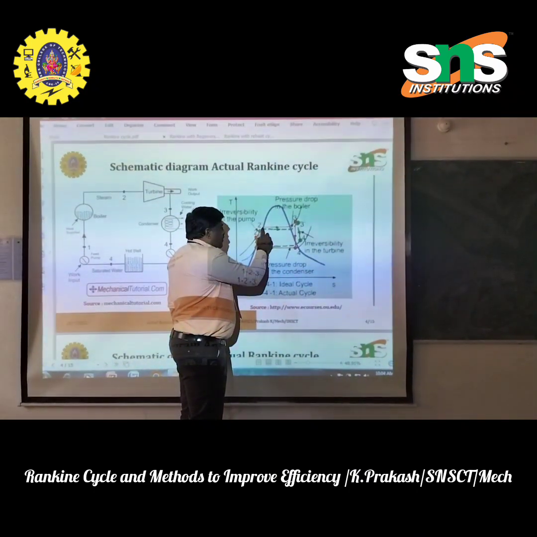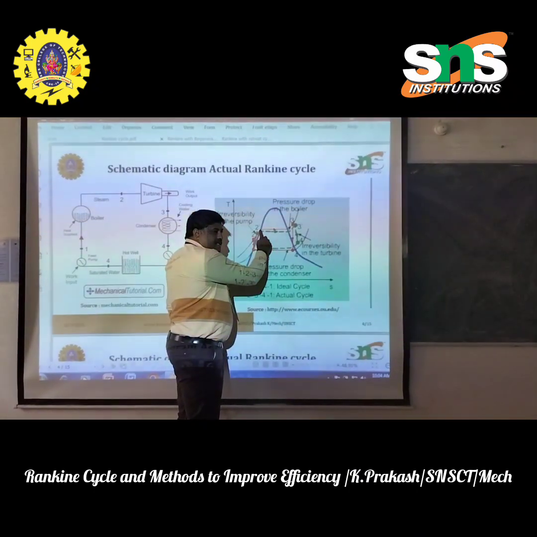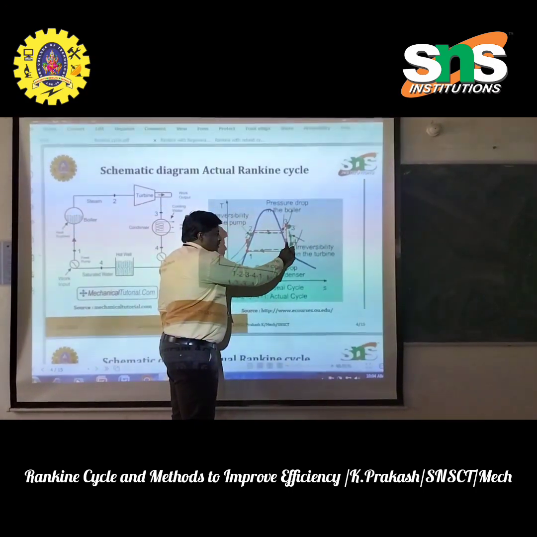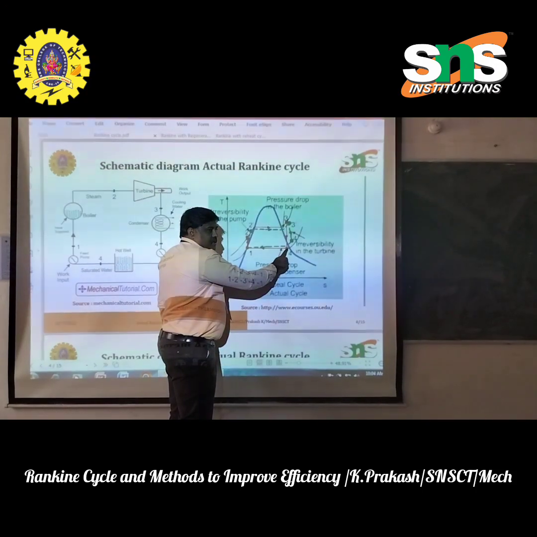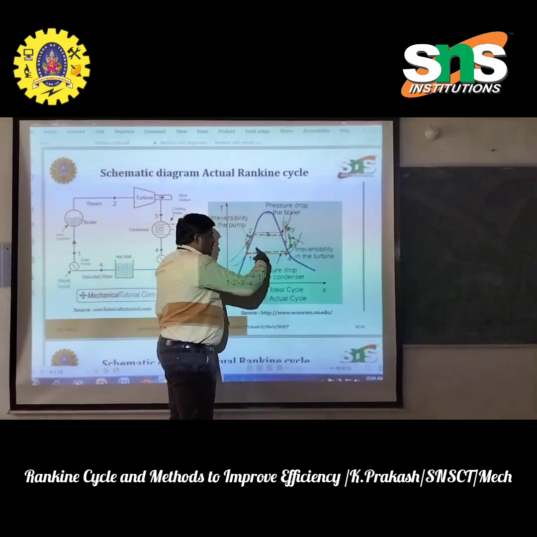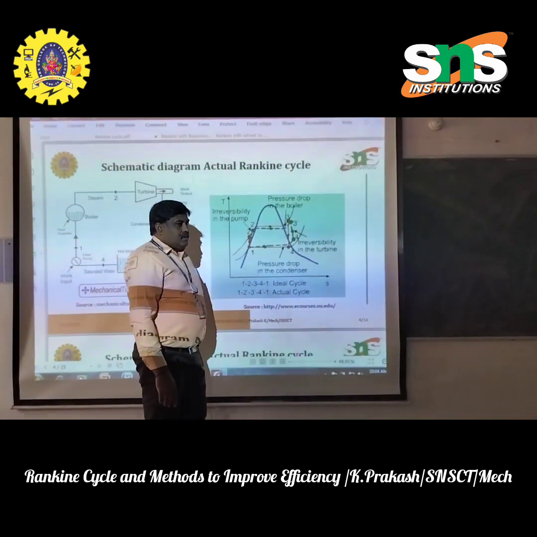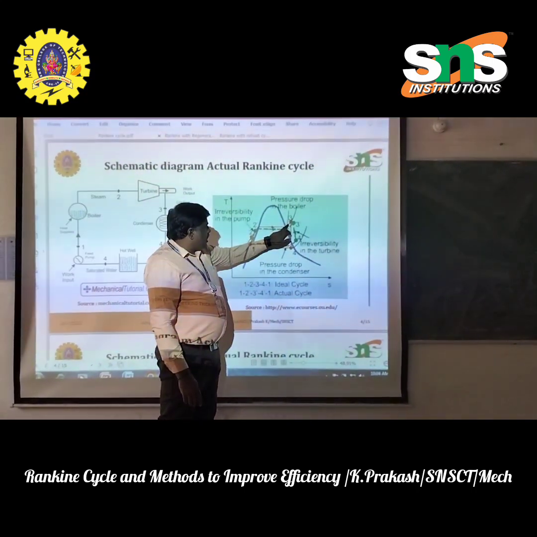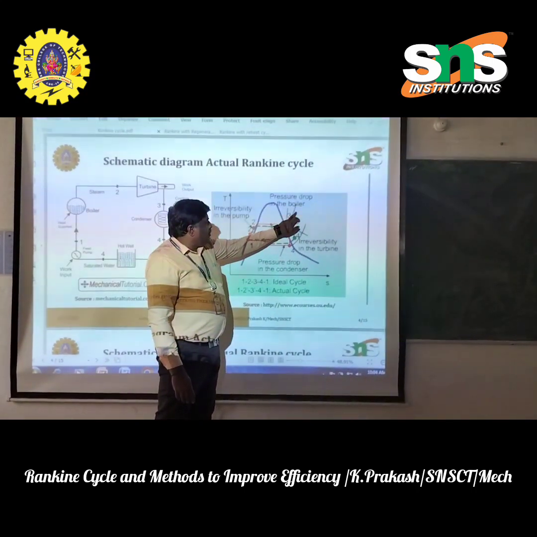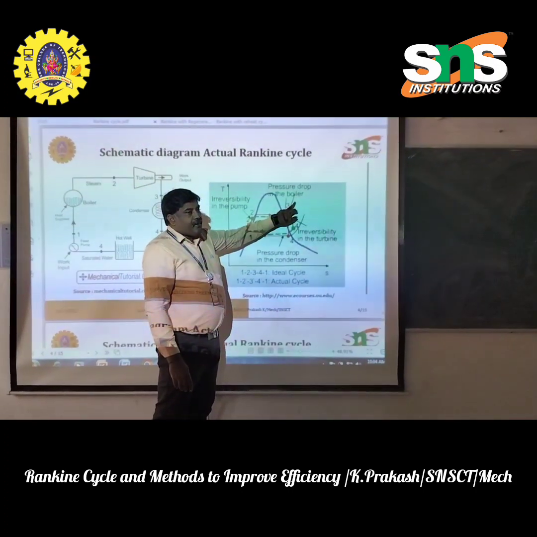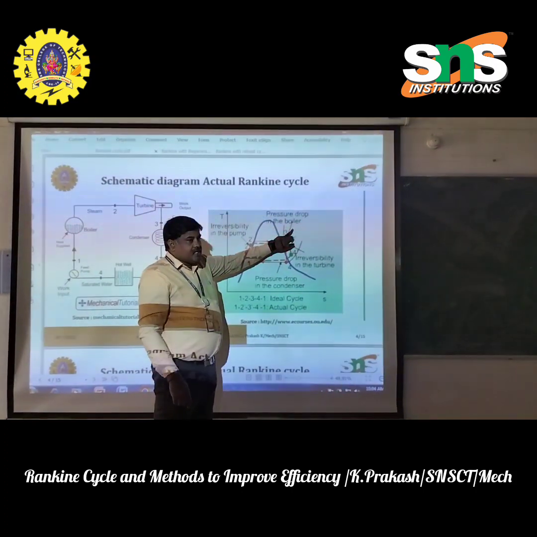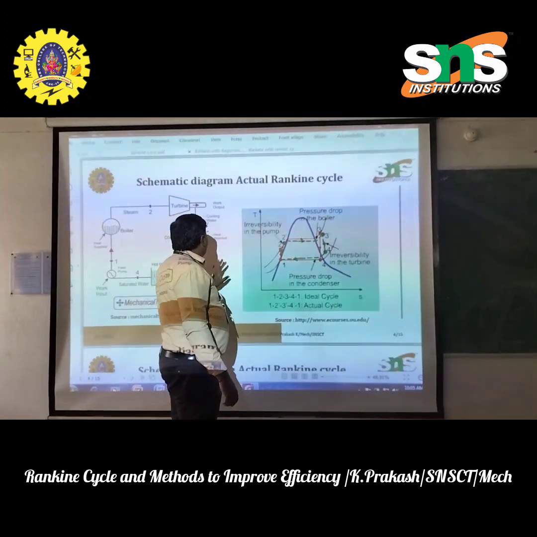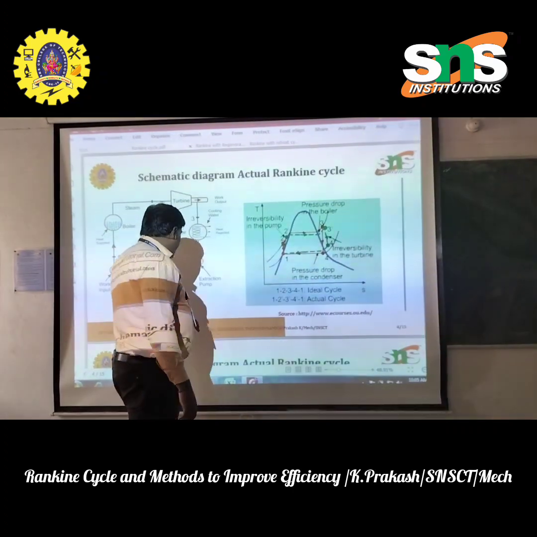Again the water is pumped to the boiler, heat is added, and it is converted into superheated steam. The same process is done continuously. Here, how much this line can be increased determines how much thermal efficiency can be expected. So this is the working of the Rankine cycle.